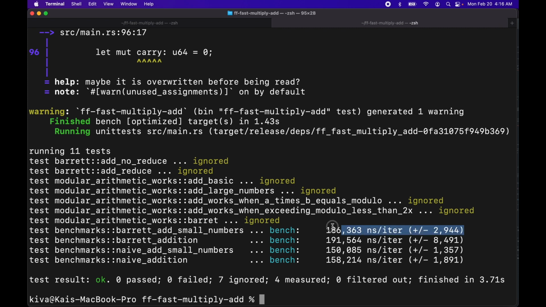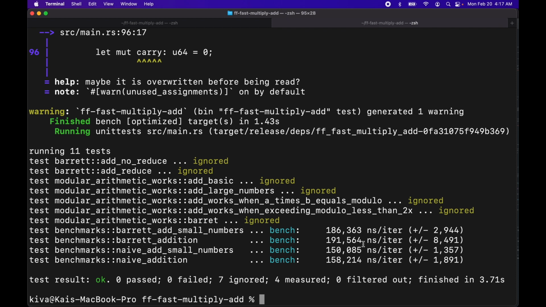And here we see that with Barrett adding small numbers, it took slightly less time, and I believe it consistently takes slightly less time, which I imagine means some other work has to go into ensuring that reduce gets called regardless of whether it's actually needed, and from a very atomic level, the same number of operations happen.